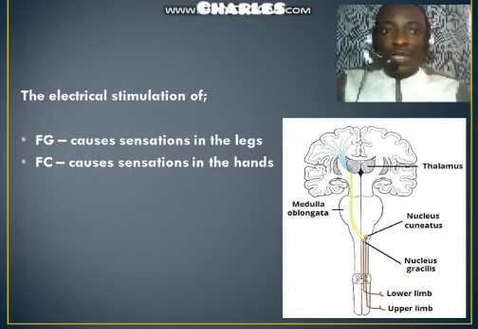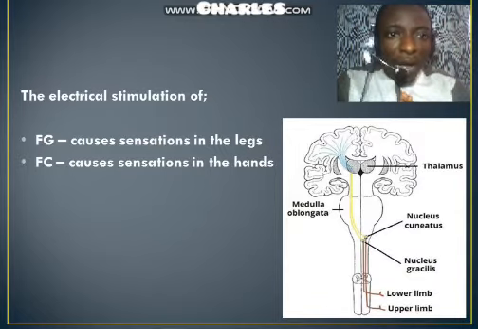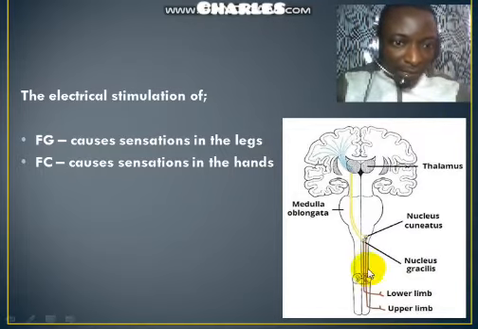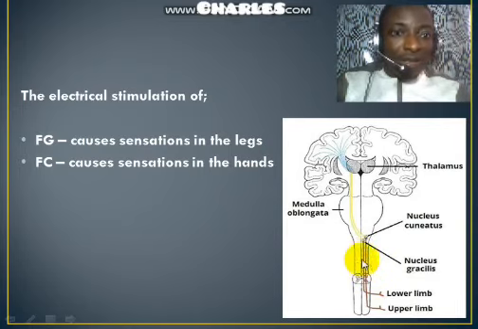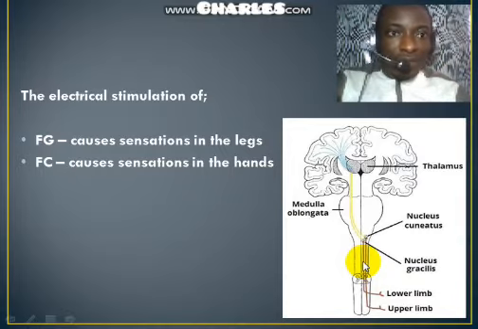Whereas electrical stimulation of the fasciculus cuneatus would cause sensations in the hand and the upper parts of the human body. It means that if I stimulate the medial part of the dorsal column medial system, you would feel the sensation in your legs and lower parts of the body.